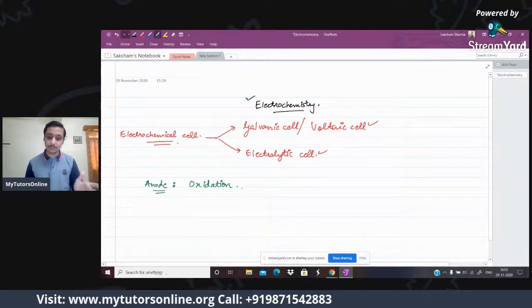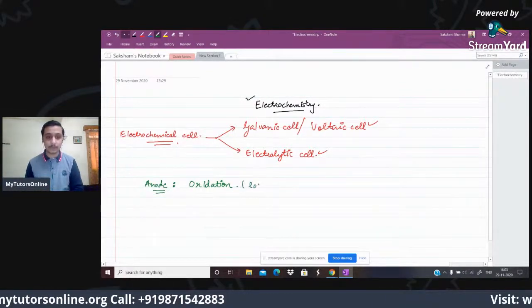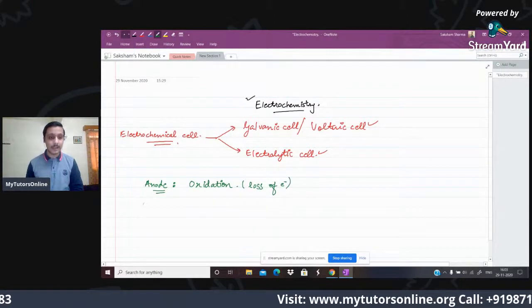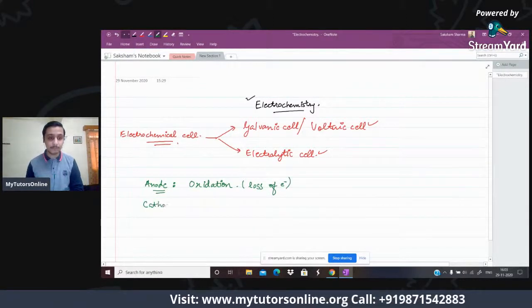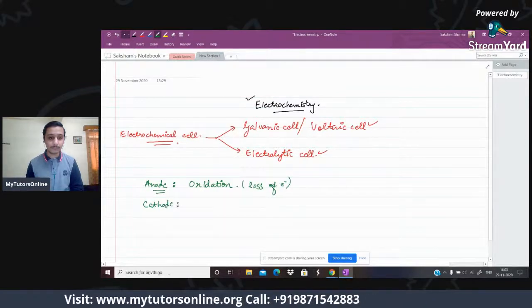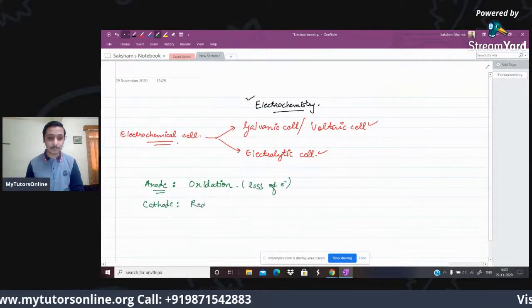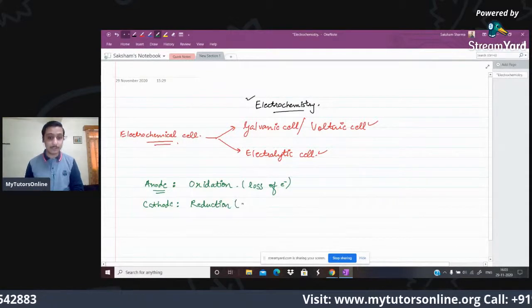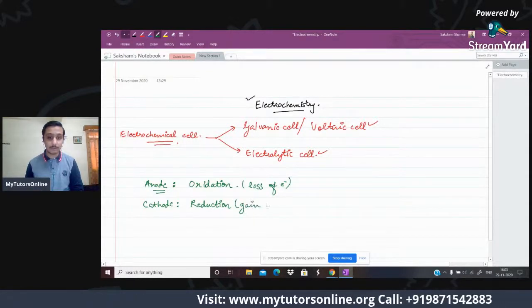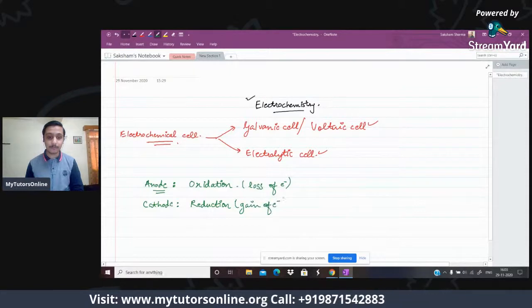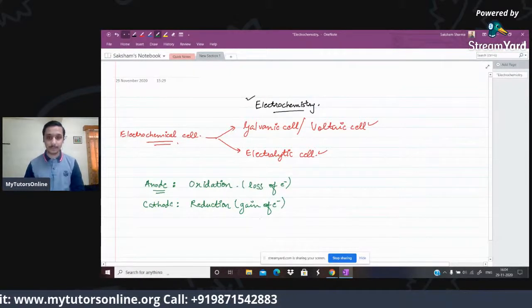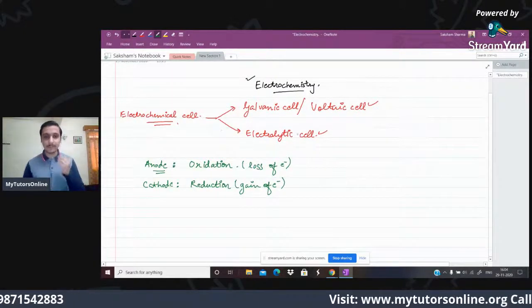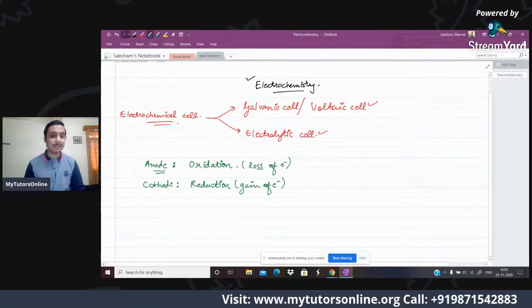What is oxidation? Oxidation refers to loss of electrons. And at cathode, reduction always takes place. So what do I mean by reduction? By reduction, I mean gain of electrons.